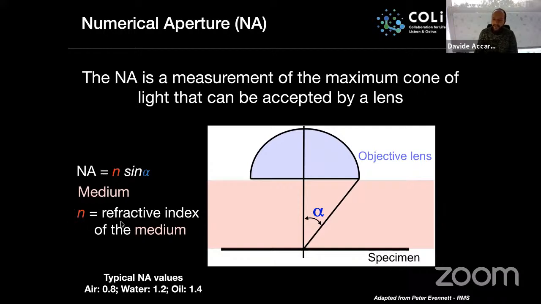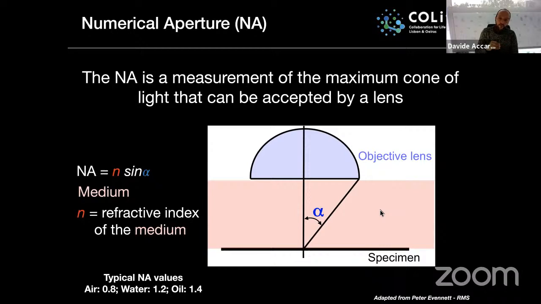The refractive index is a measurement of the speed of light in that specific medium, and it's specifically a fraction given by the speed of light in vacuum divided by the speed of light in that medium, okay? So for air, it's approximated to 1, because the speed of light in air is approximately the same as in vacuum. And then it becomes larger and larger with the growing thickness of the medium.